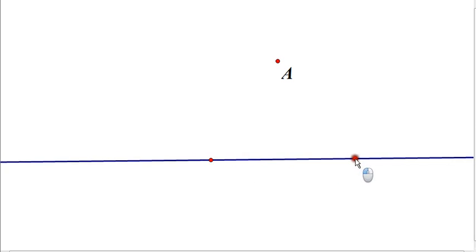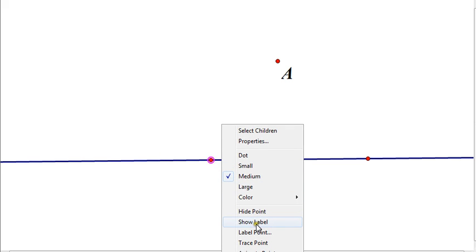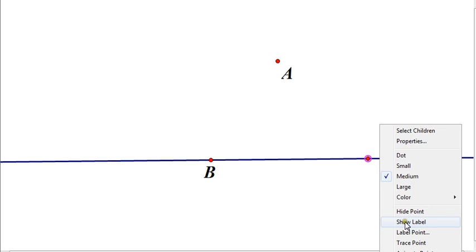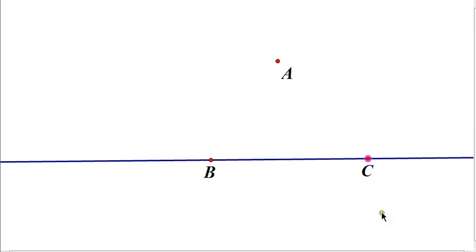So we draw this fixed line, the directrix of the given parabola. Let's label this point B and this point C. So BC is the directrix of the parabola.